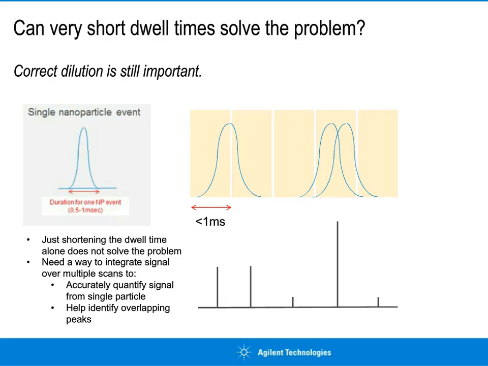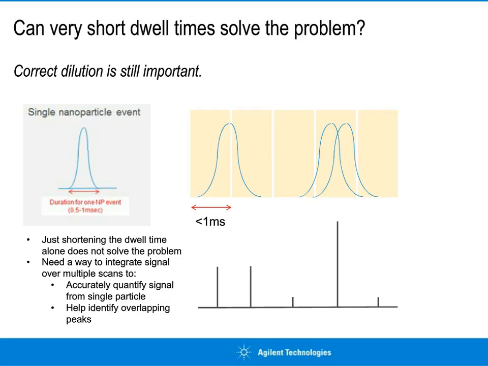And you can see what happens then is if the nanoparticle event is longer than the scan, then the entire nanoparticle signal will never be contained within a single scan. And you can see in this case the first two scans are actually splitting this peak, and the intensity in the mass spectrum in both cases is not proportional to the total peak. It's proportional to the part of the peak that fell within that dwell period.